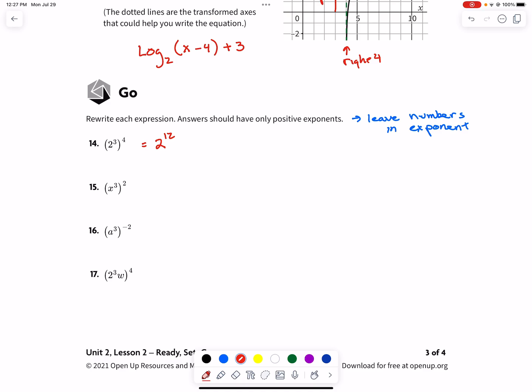Okay, just to remind you that we add exponents when we're multiplying and there's 2 copies of the base, and we multiply exponents to distribute.